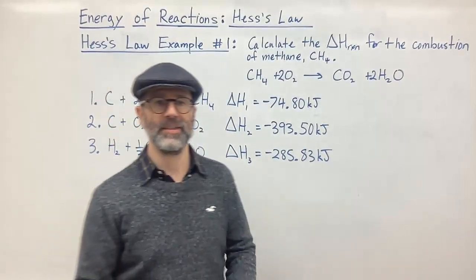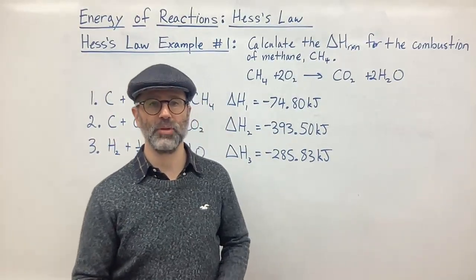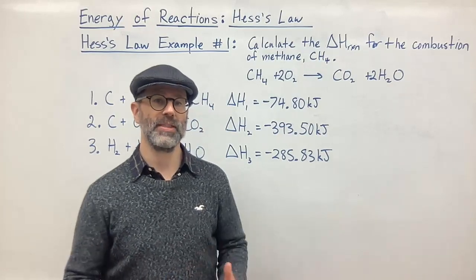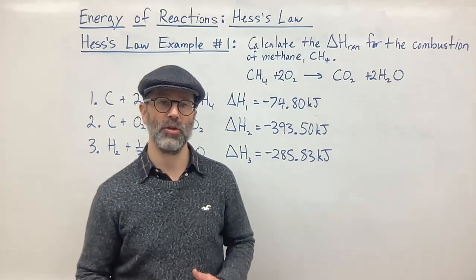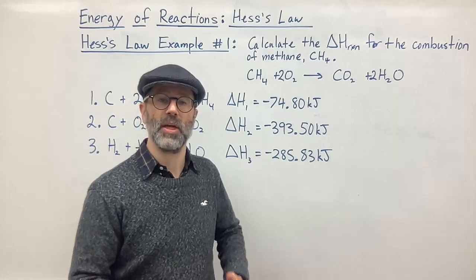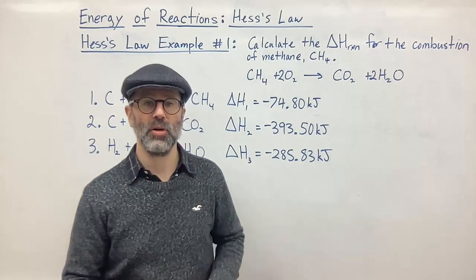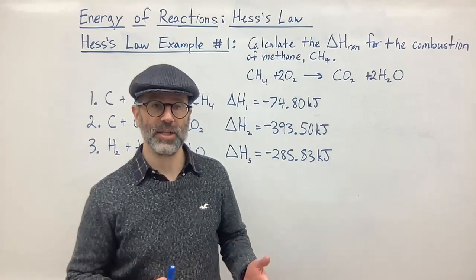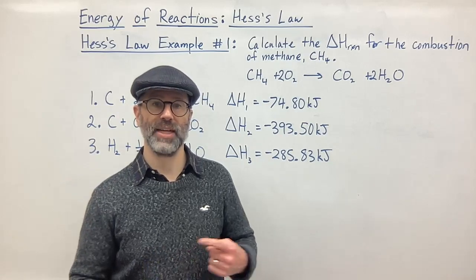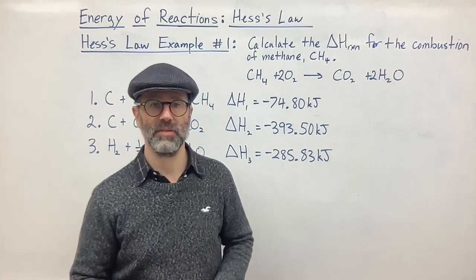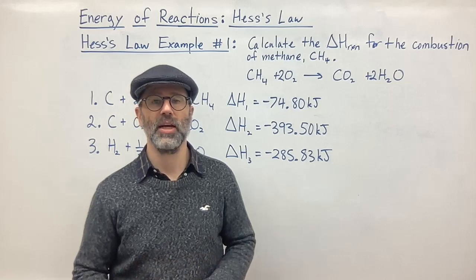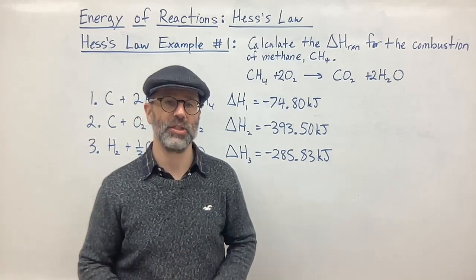Okay, welcome back. So here is Hess's law example number 1. In this example, I'm going to show how you can use those relationships that I talked about a moment ago, where if you reverse a reaction, you have to make sure you take the opposite sign of the delta H to get the delta H of your new reaction.